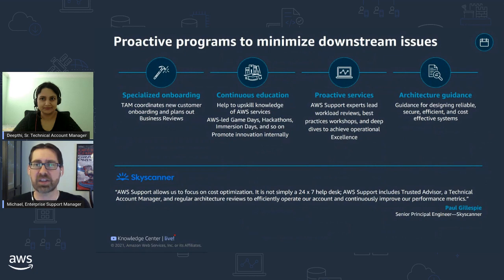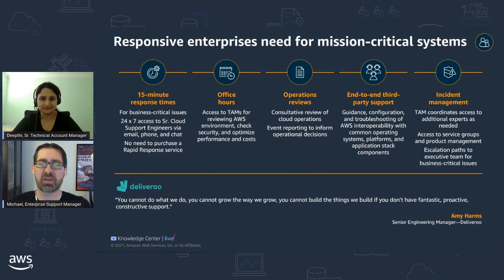So the next thing I'm going to talk about is the types of support you get for your mission critical activities. So the first thing that it does in enterprise support is it unlocks that top level case severity for critical business down, and that is a 15-minute response time. The TAM will also set up office hours.